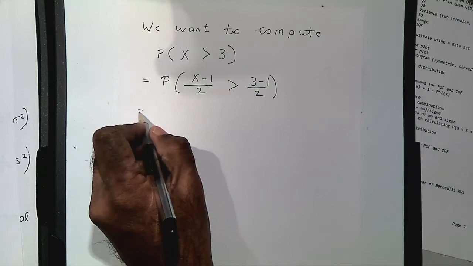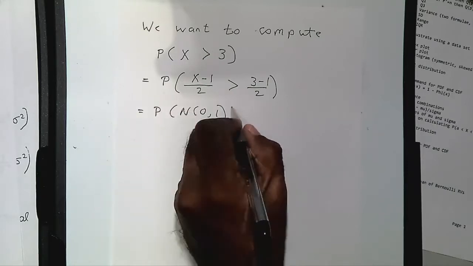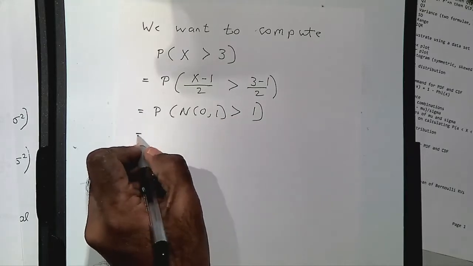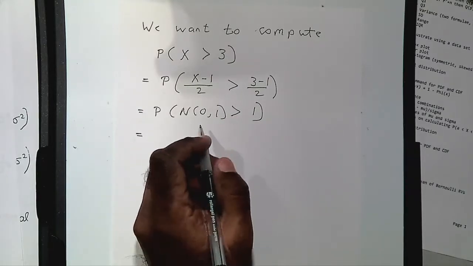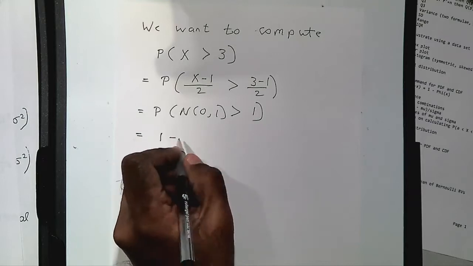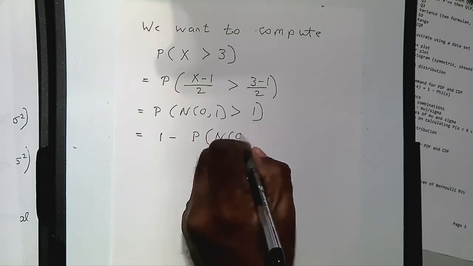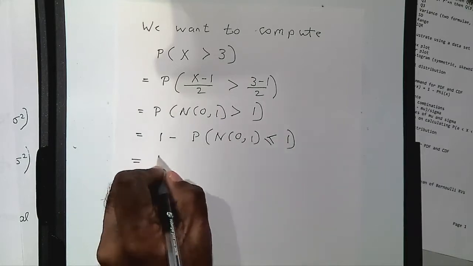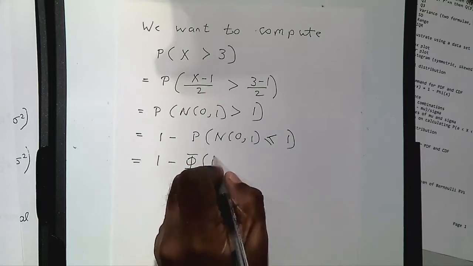So you get the probability that a normal variable is greater than 1. Now, because we can only read the CDF, you need to convert this into a CDF by using the complement rule, right? So this is 1 minus the probability that a normal variable is less than or equal to 1, and this is phi at 1.